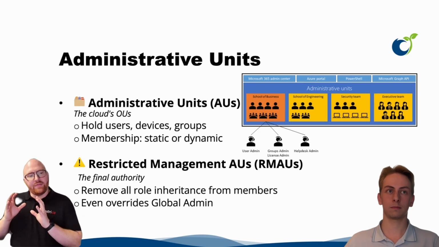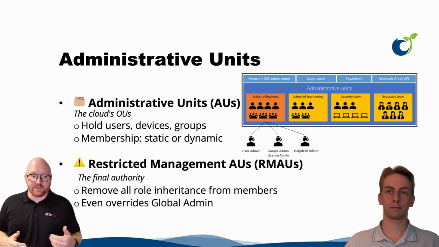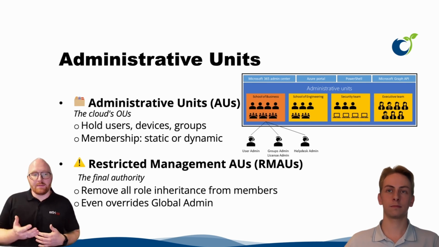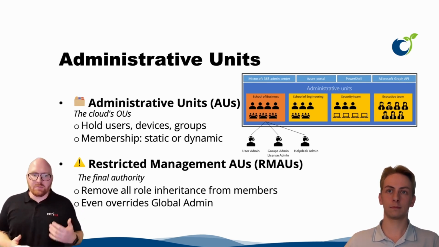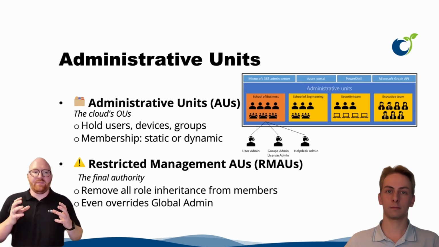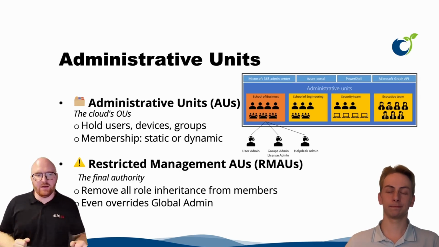But the thing that's different about this is that it breaks role or permission inheritance. So that means a global administrator on the tenant level will not be able to manage the members of this restricted management AU unless directly assigned a permission on this level.